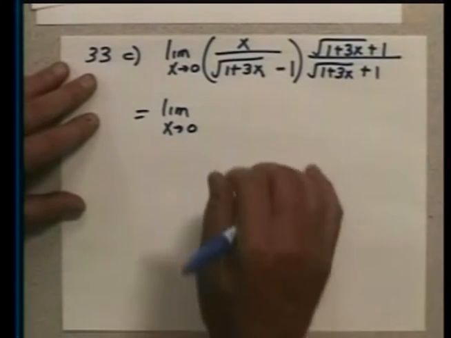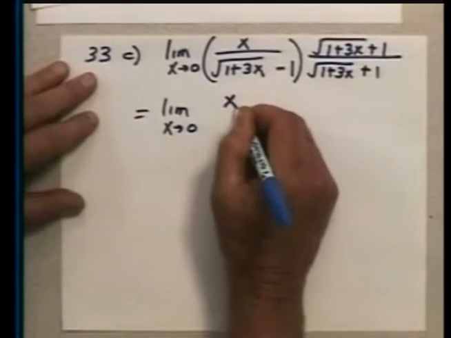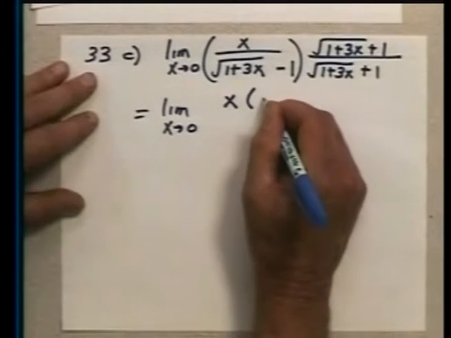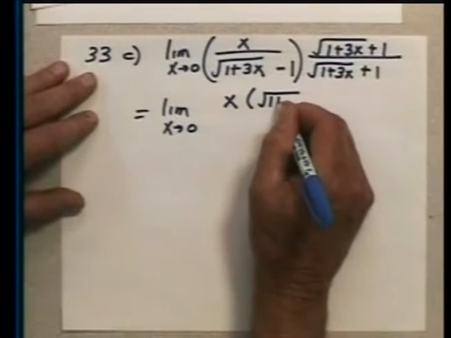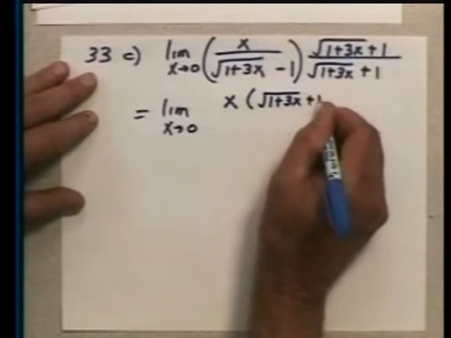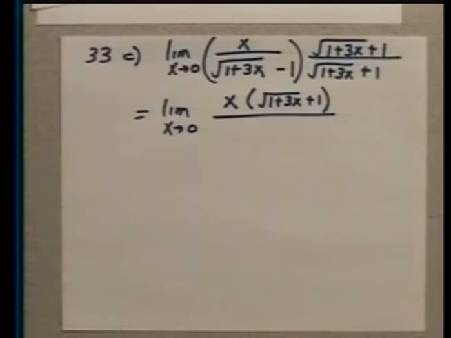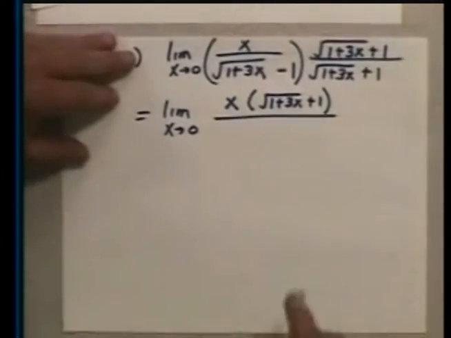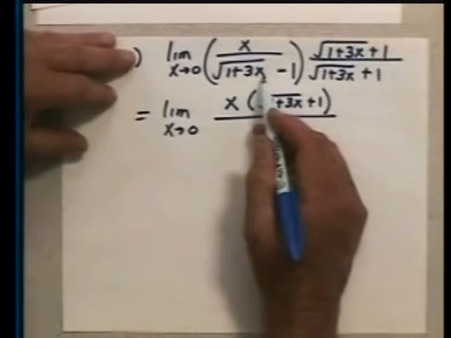Okay. The numerator we do not multiply out, because we're hoping that the factor of x cancels. We do multiply out the denominator, but we're supposed to do it in our head because of that a minus b, a plus b pattern, which is the square of the first term.